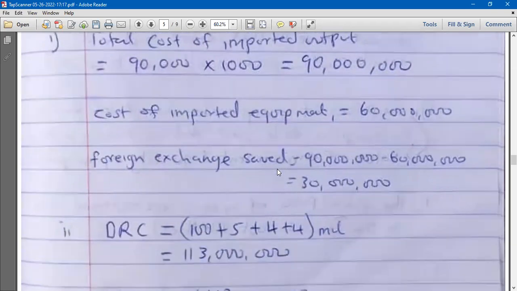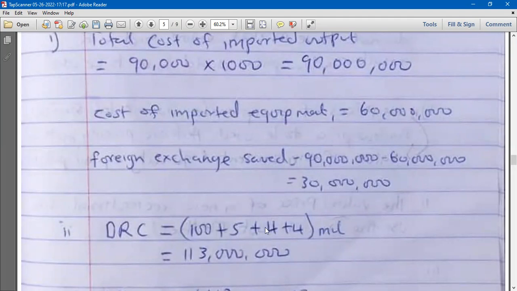Now, that one is when we are producing the thing locally, using our local raw materials, our local labor. You add the cost of all that. If you remember, we were given a cost of local raw materials, labor, loans, and then there was this other thing, and they were all in millions. So you add all of them.